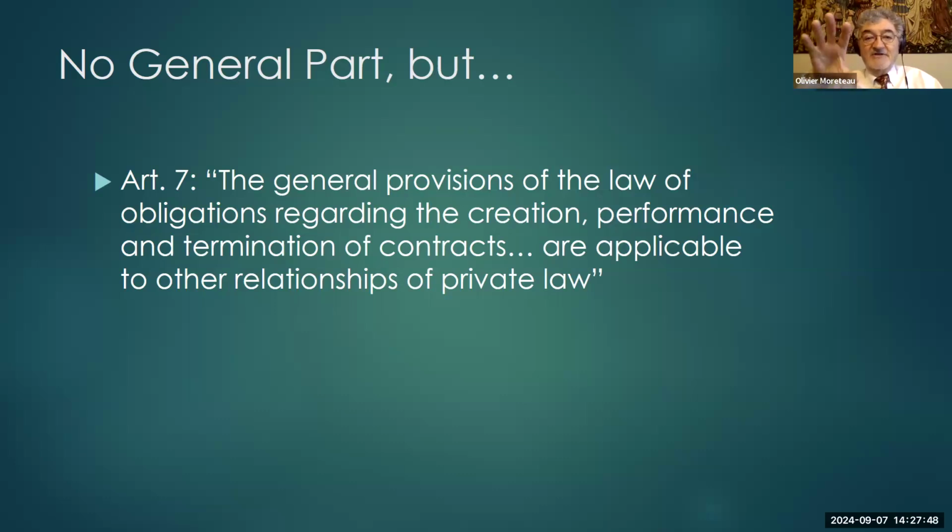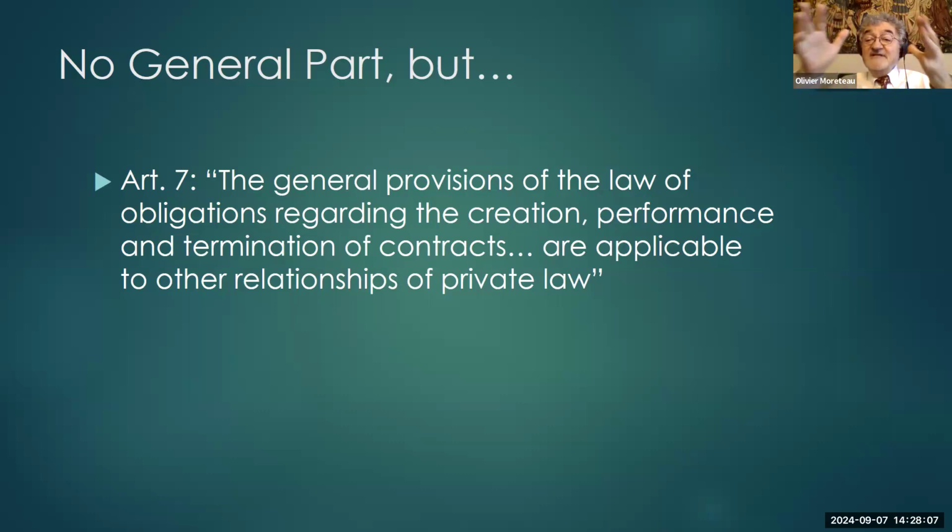Article 7, which is in the preliminary title, says that the general provisions of the law of obligations regarding the creation, performance, and termination of contracts are applicable to other relationships of private law.